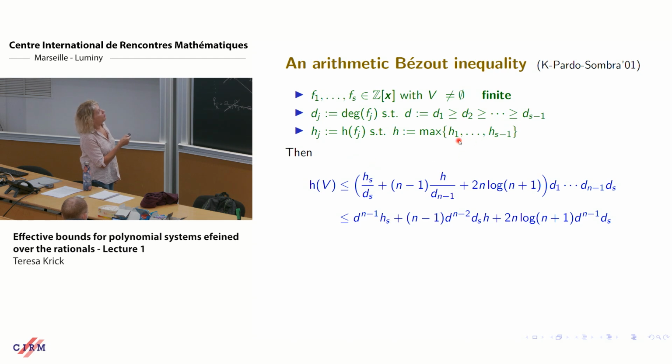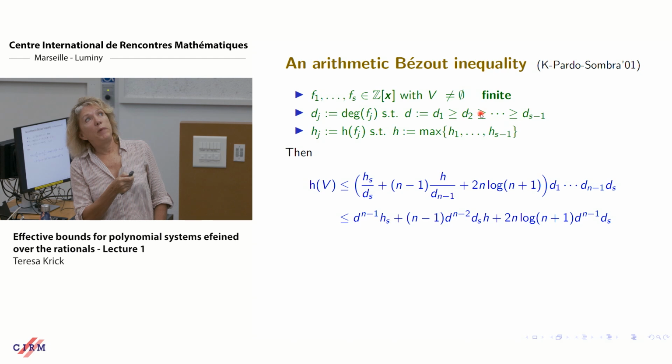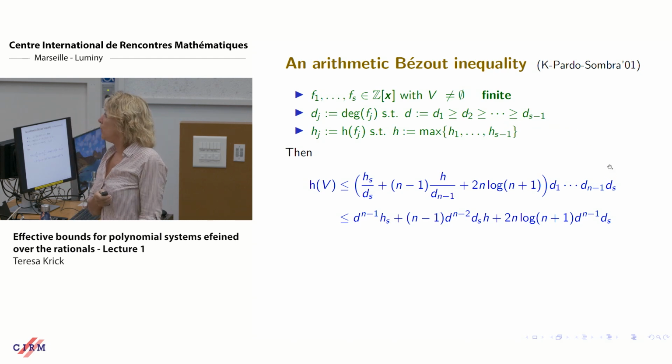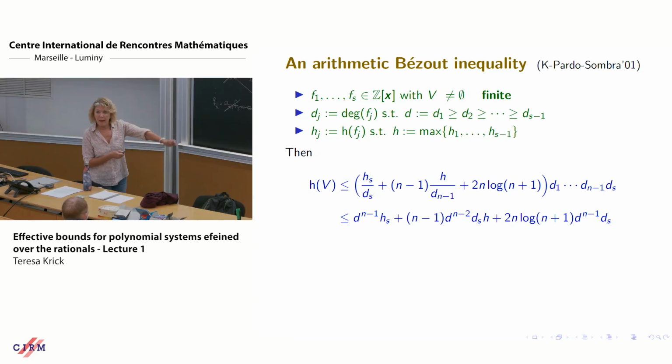I order the polynomials, but not all of them. One of the polynomials I can choose as I wish. So I will have one distinguished polynomial with its own degree and own height, and all the others are together.